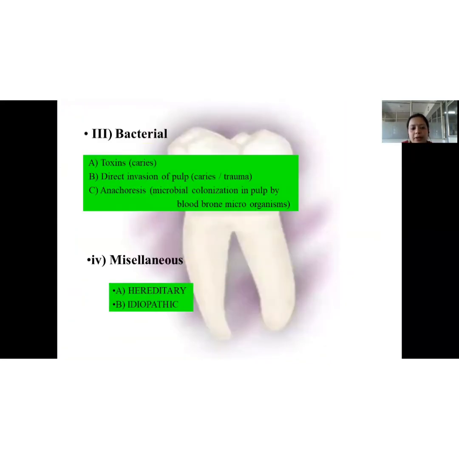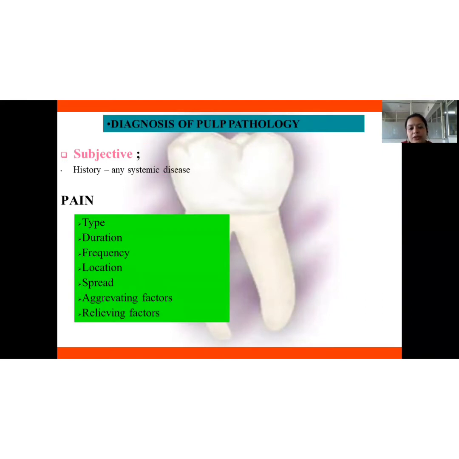In pain, what is the type of pain, the duration, how long the pain has been occurring, the frequency, when it occurs and how frequent the pain is, then the location, whether it's in a single tooth or it is referred to the ear or head or lower mandibular area, and the spread, how far it's spreading.